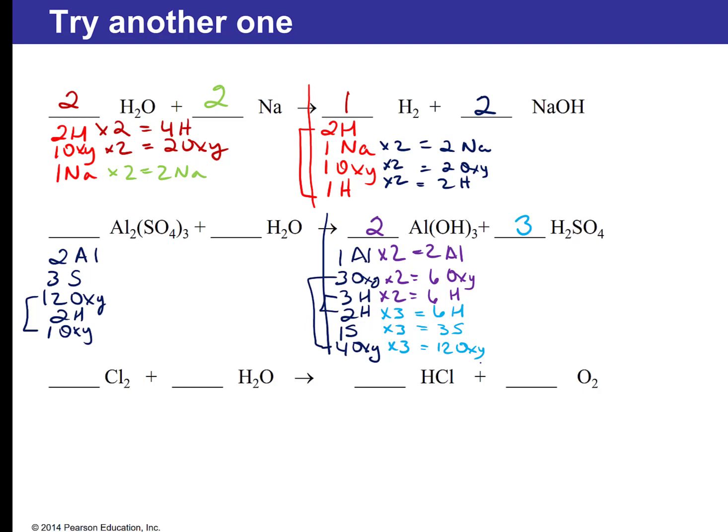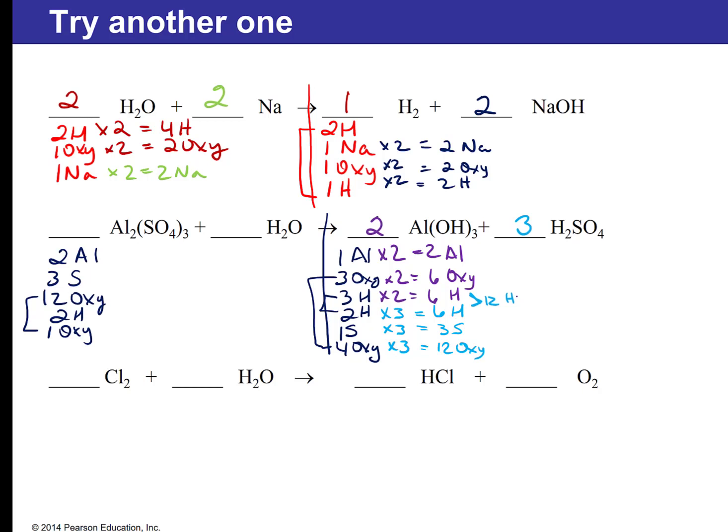So now look at hydrogen, because hydrogen is only in one place on the reactant side. So that's kind of like the next simple. So look at hydrogen, 2 hydrogen on the reactant side. How many hydrogen total on the product side? 12. See these 2? I have 12 hydrogen. So if I want to have 12 hydrogen on the reactant side, how many water molecules?